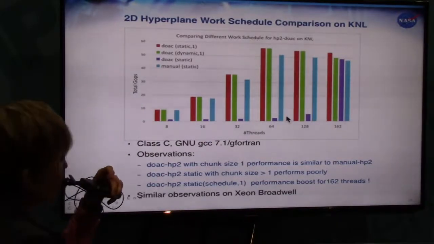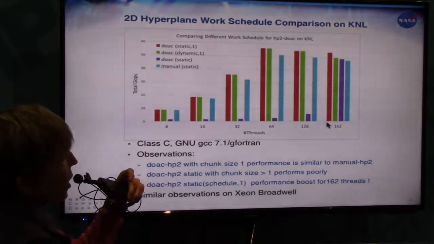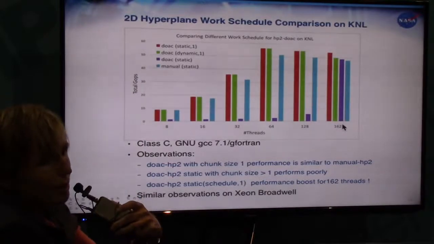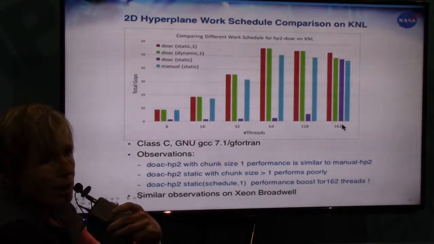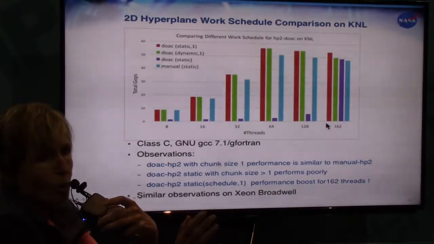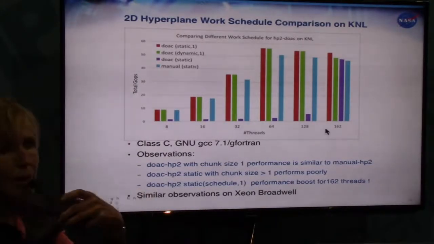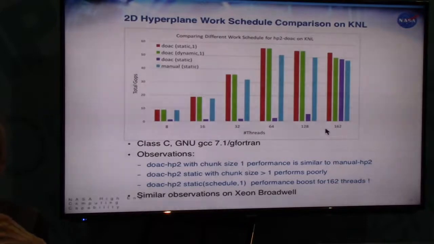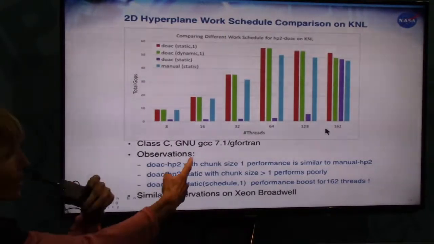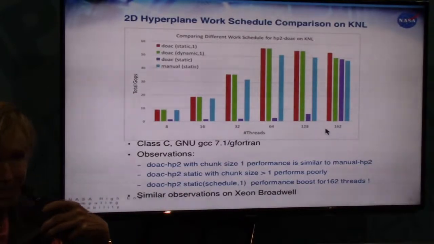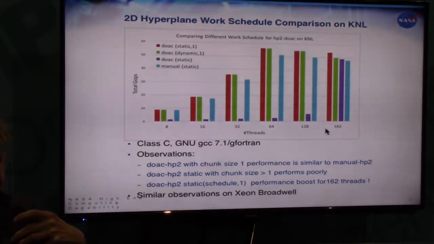But what you see is that for 162 threads, which I can use on the KNL with hyper-threading, no problem, look how it jumps up. Why is that? For those of you who've seen the first slides, and remember what the size of Class C is, 162 threads, chunk size 1.